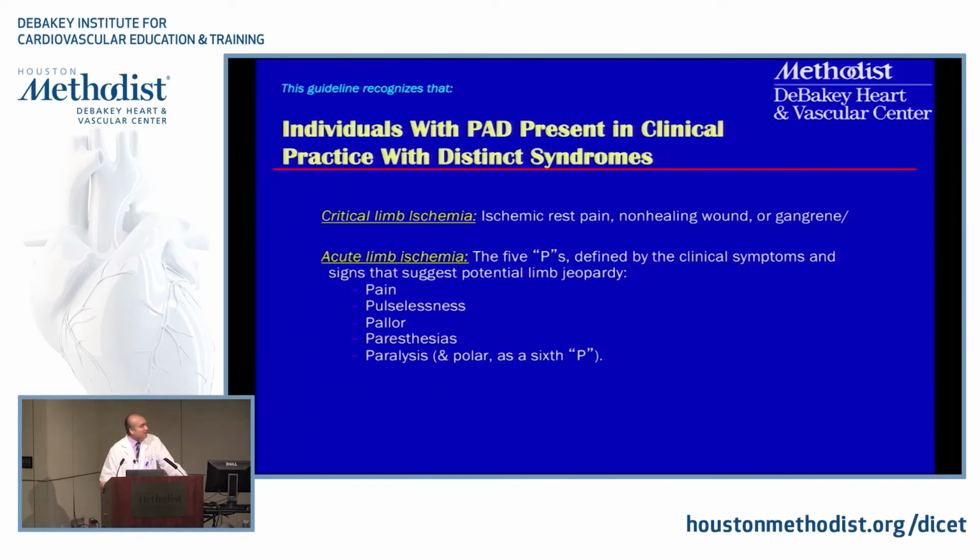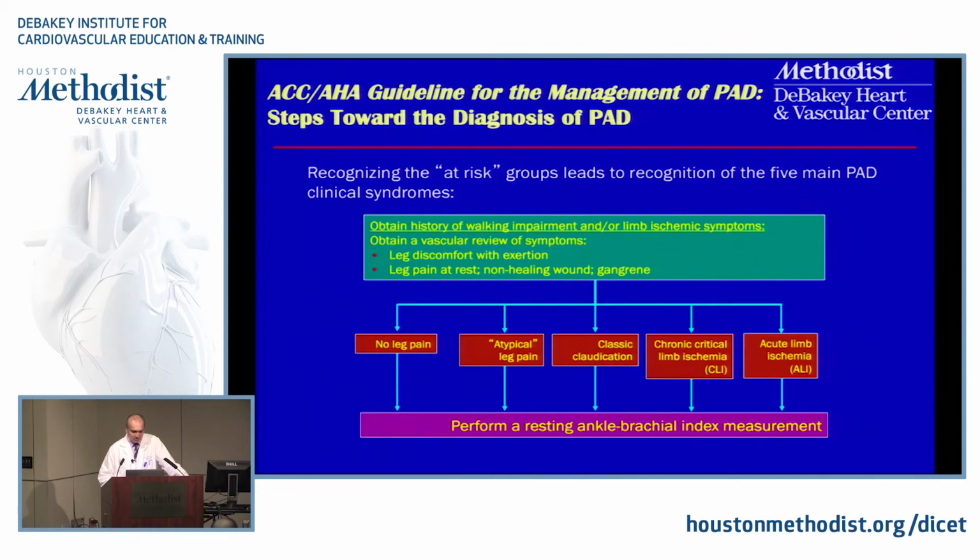These are pain, pulselessness, pallor, paresthesias, and paralysis. Most of these patients that present with acute limb ischemia are going to generally go to the vascular surgery service. So we're not necessarily going to see those patients ourselves in the cardiology clinic, but the patients that we are going to see oftentimes are the patients with the classic claudication symptoms, or the patients with chronic limb ischemia, which can oftentimes be very critical.